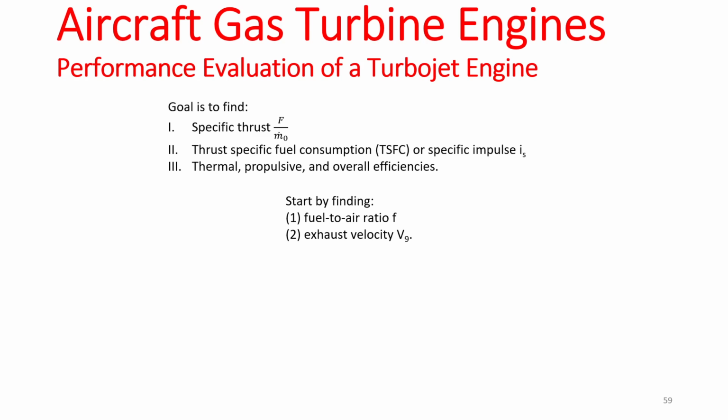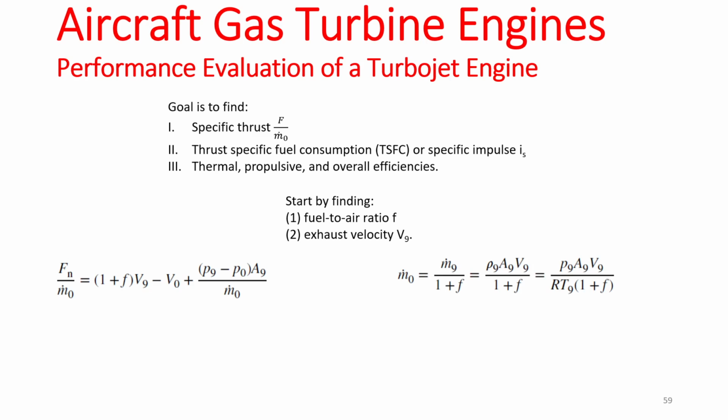So how should we solve these problems? We want to start by finding the fuel to air ratio and also the exhaust velocity. Then, once you find those, you can find the specific thrust. If you plug in the equation for the thrust and divide it by m dot naught, this will be the main equation you have for thrust.